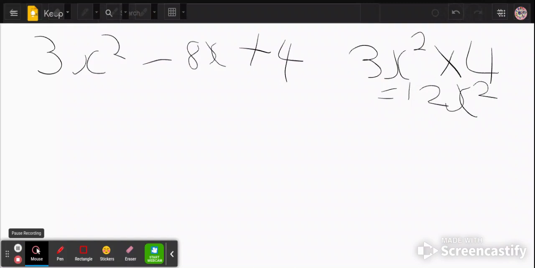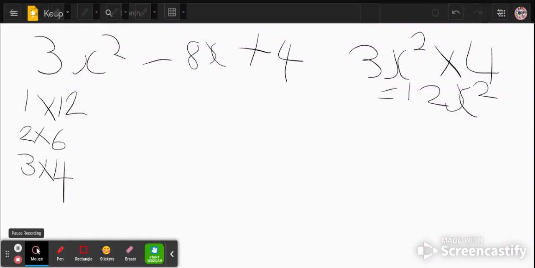So we need to find factors that when we multiply them, we get 12, but when we add them, we get negative 8. So let's list out the factors of 12. 1 times 12, right? 1 and 12. 2 times 6. 3 times 4, right?